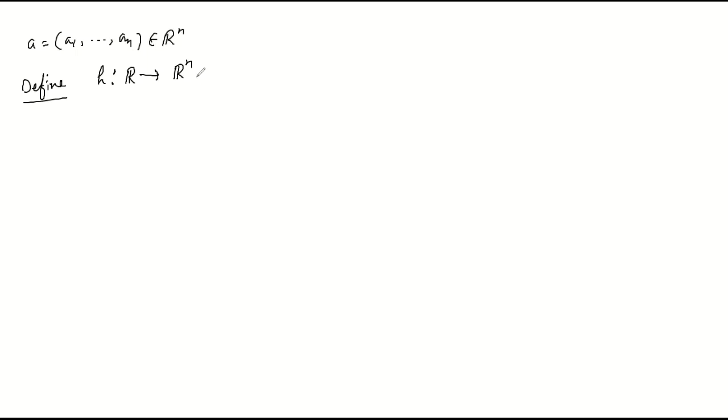So now we define h from R to Rn by h of x equal to (a1, and so on, a sub j minus 1, and the jth component is x, then a j plus 1, and so on).